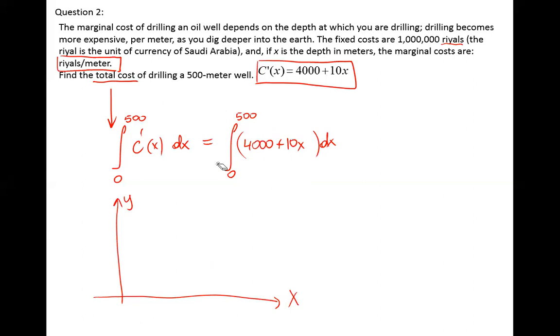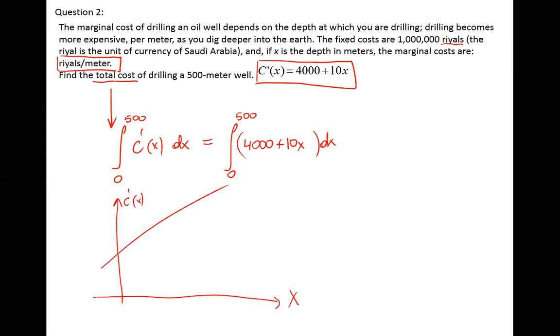That means I can put C prime of x because that's my function. I will draw this function, 4,000 plus 10x. It's just a linear function. 4,000 is the y-intercept, the vertical intercept, and the line has slope 10.